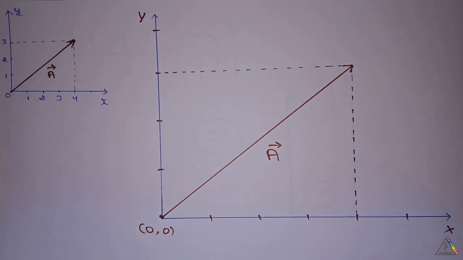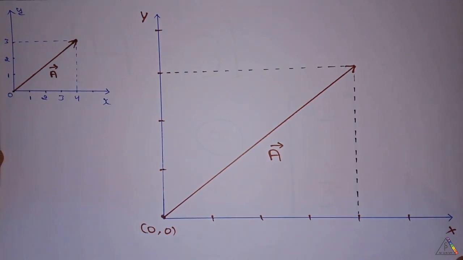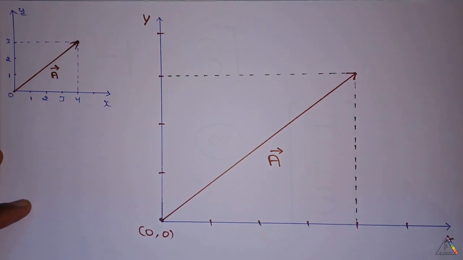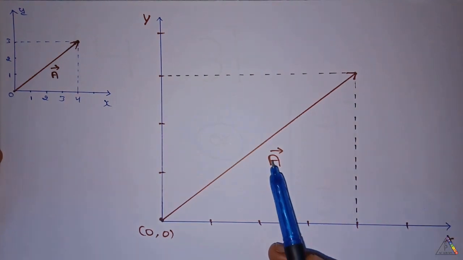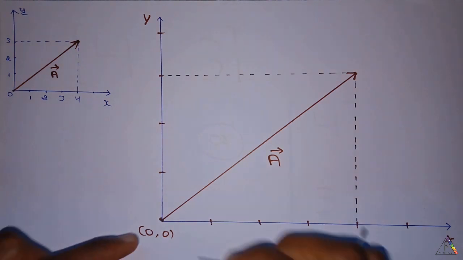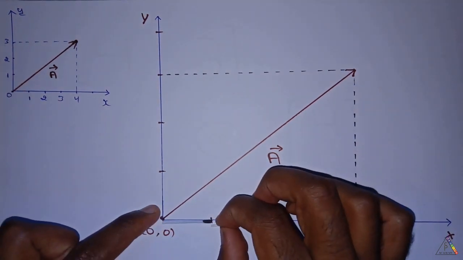Here I am representing the vector A in the xy plane, and this vector A is projecting on the x-axis and also on the y-axis. This vector A has the projection on the x-axis with the four basis vectors along the x-axis.